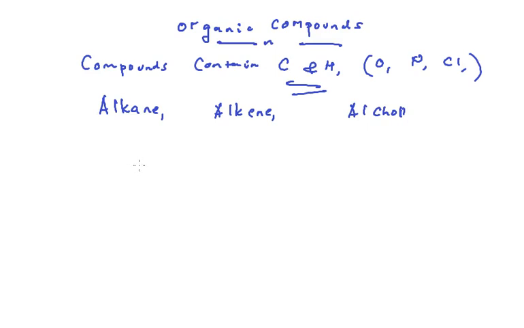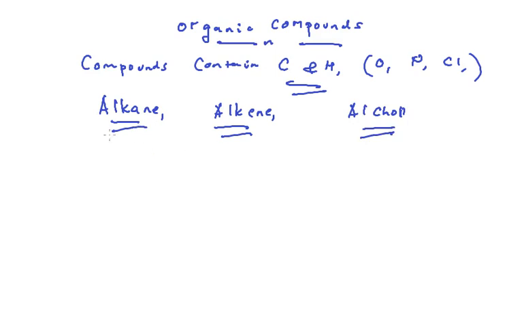The reason why there are so many organic compounds is because they share electrons. They can easily form a compound, whereas an ionic compound needs a lot of input. It's a transfer of electrons between metals and non-metals, but these are sharing of electrons. So there is a huge difference in quantity of organic versus inorganic.